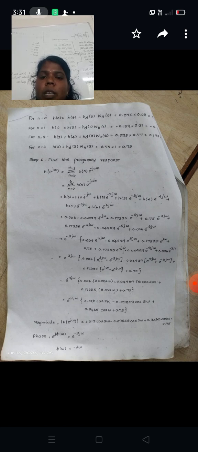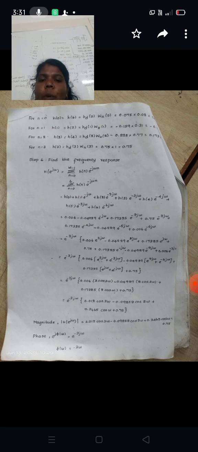Finally we got 0.06 e power 3 j omega minus 0.04929 e power 2 j omega plus 0.17325 e power j omega plus 0.75 plus 0.17325 e power minus j omega minus 0.04929 e power minus 2 j omega plus 0.06 e power minus 3 j omega.